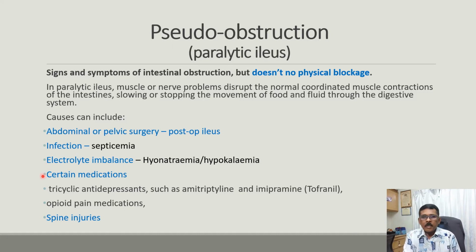Certain medications, especially tricyclic antidepressants and opioid pain medications, also can cause ileus. Then nerve injuries such as spinal injuries also can cause ileus. Right? These are some of the causes of pseudo-obstruction or paralytic ileus.